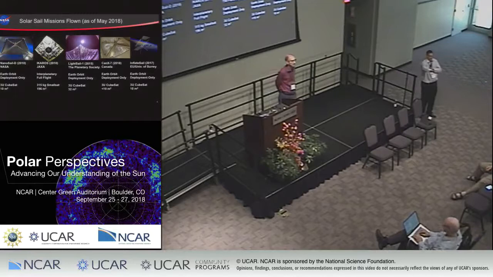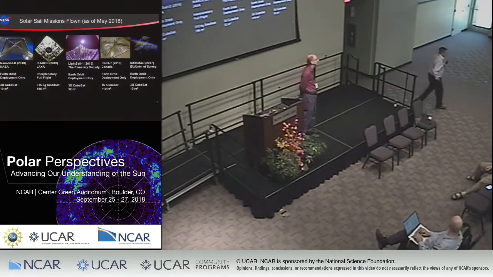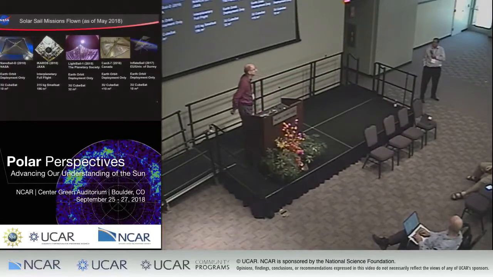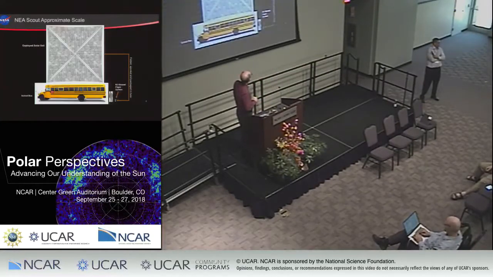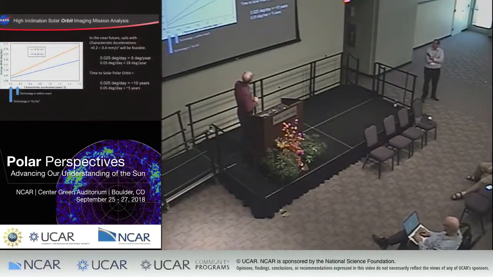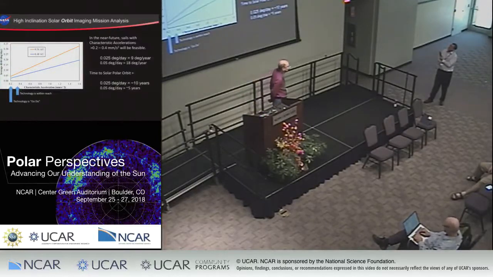Questions here? Paulette? This is very nice, Les. Glad to see this. If you go back to your slide on the time to get to the polar orbit, you had the graphs for 2 different distances from the sun. Did your 10 years and your 5 years include the time to get into the... No, it did not. Okay, because you first have to get into 0.48.